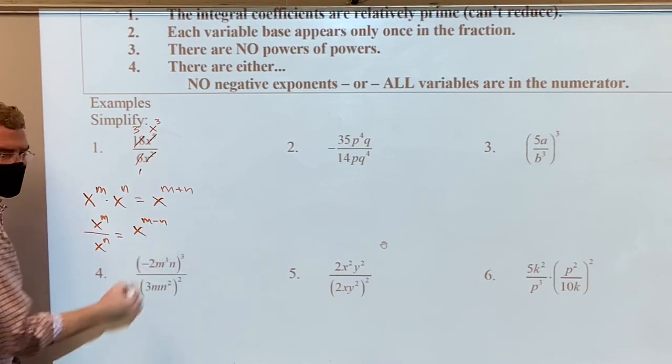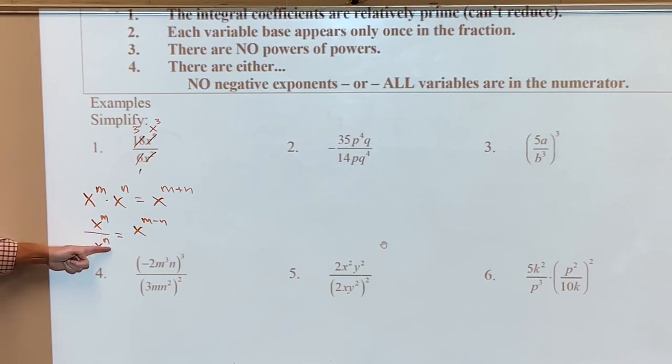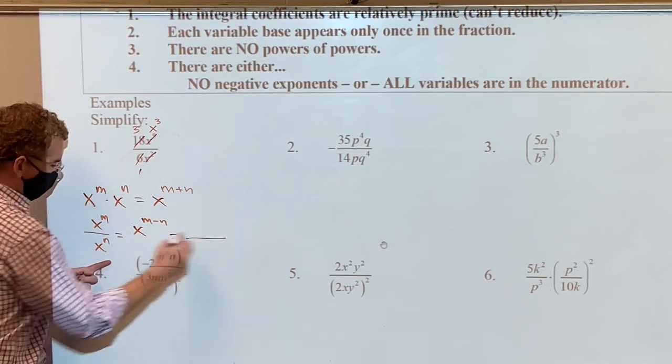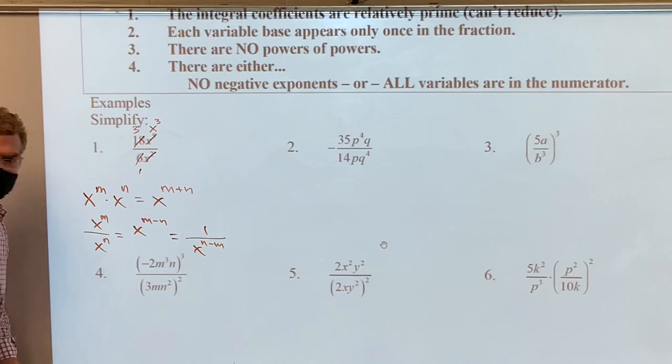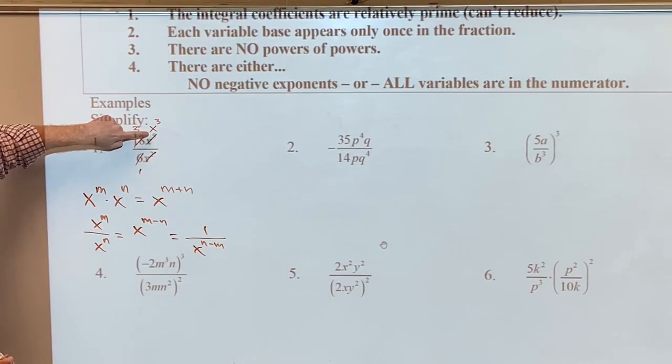And then you have the choice. If I go m minus n, then leave it in the numerator. If I go n minus m, then leave it in the denominator. It's your call. In this case, I had more x's on top, so 5 minus 2 is 3, and I leave it in the numerator.